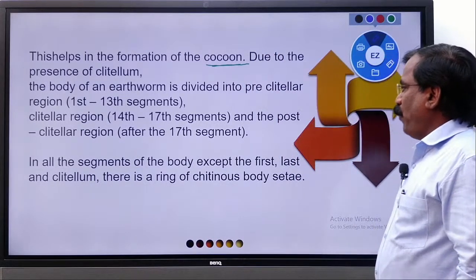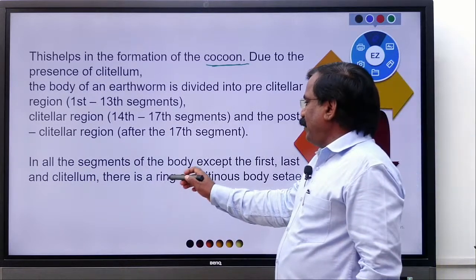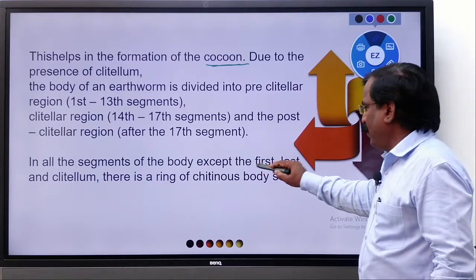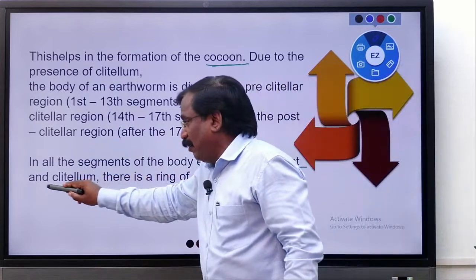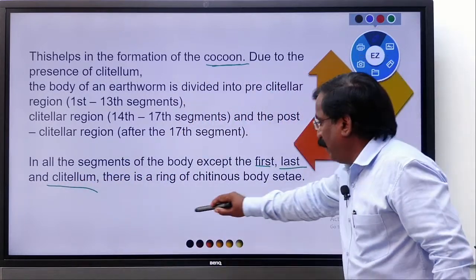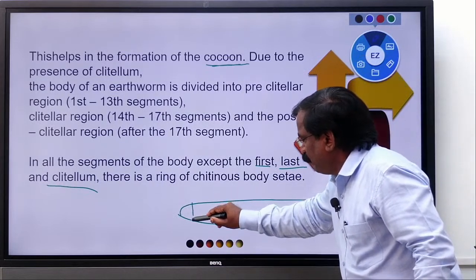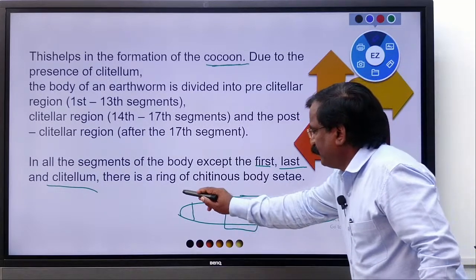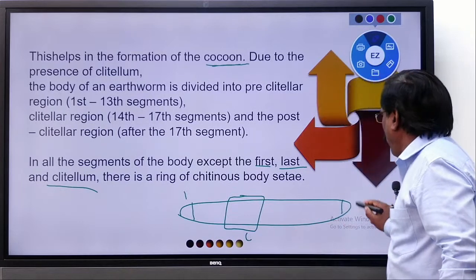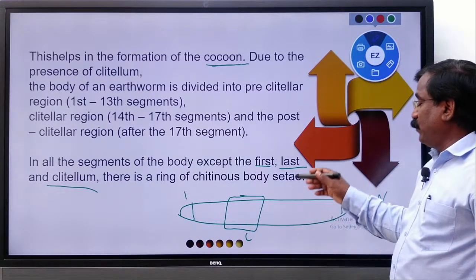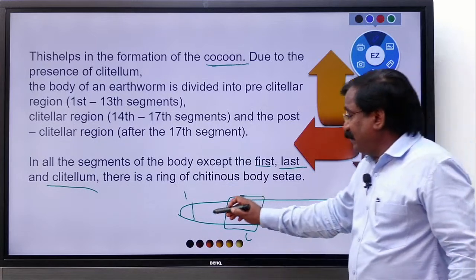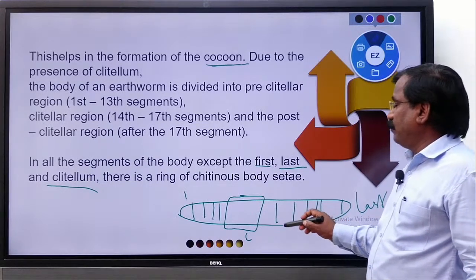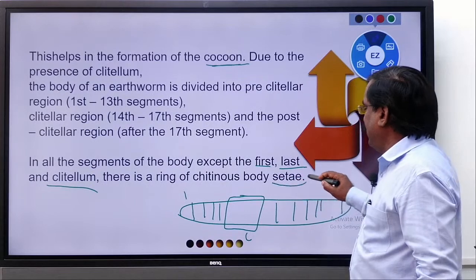Okay, and very important, in all segments except the first segment, the last segment and the clitellum, the 14th to 17th, except these 3 areas, the rest of the segments possess a chitinous structure called setae.